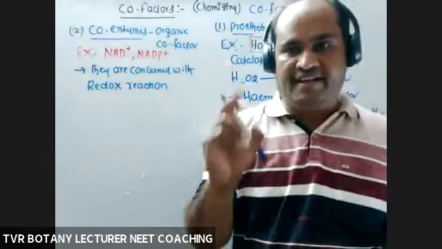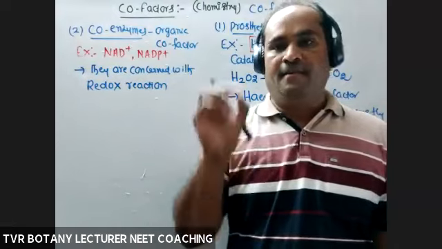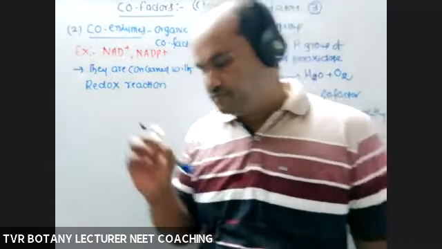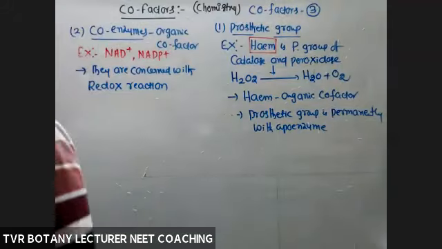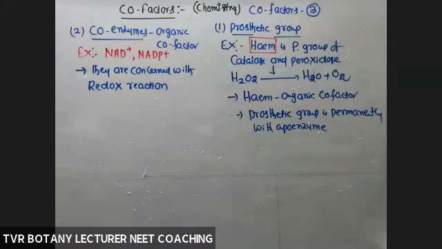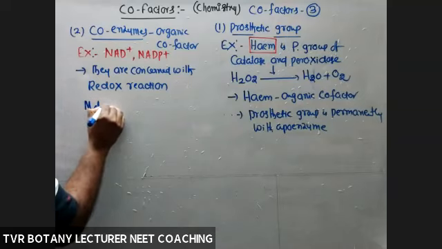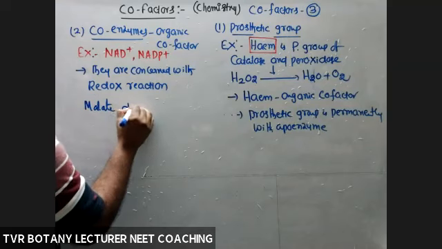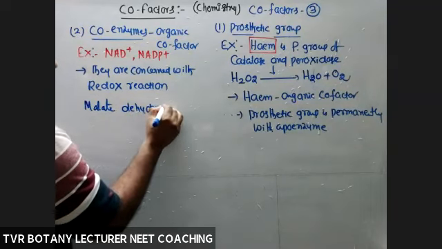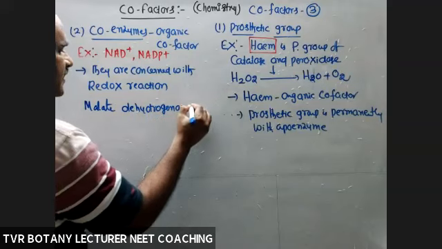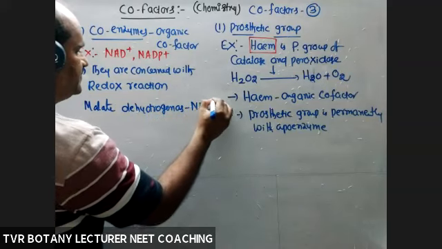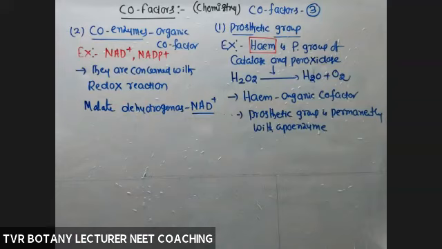Malate plus NAD plus gives rise to oxaloacetic acid plus NADH plus H plus. It was given there. Here I'm writing that enzyme also: the enzyme name is malate dehydrogenase, with NAD plus as the coenzyme or cofactor.